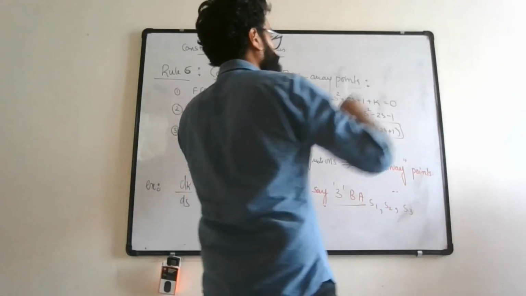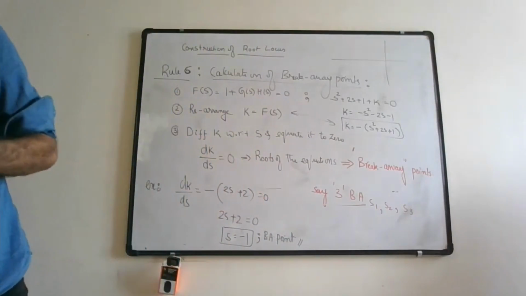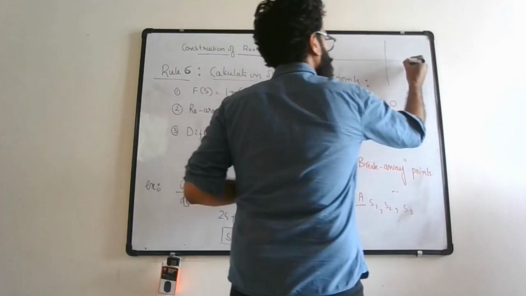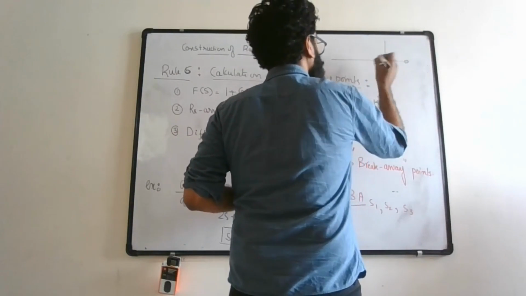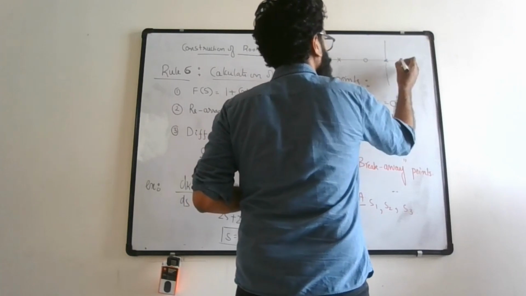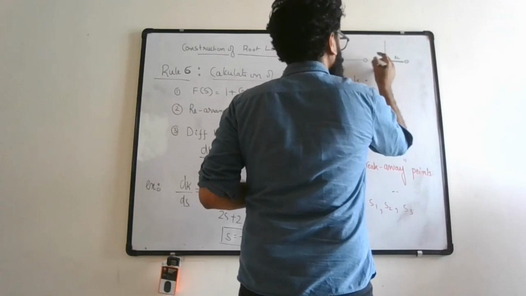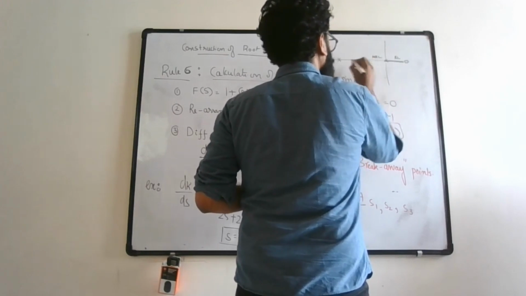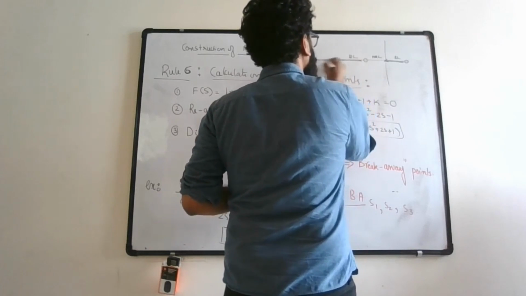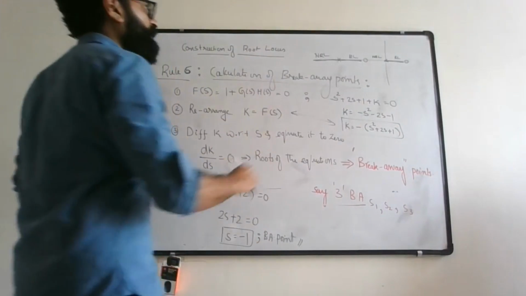So let's say our rule number 3 prediction was something like this. Say I have a 0 here and I have a pole here. This is RL, this is NRL, and this is RL, and this is NRL.